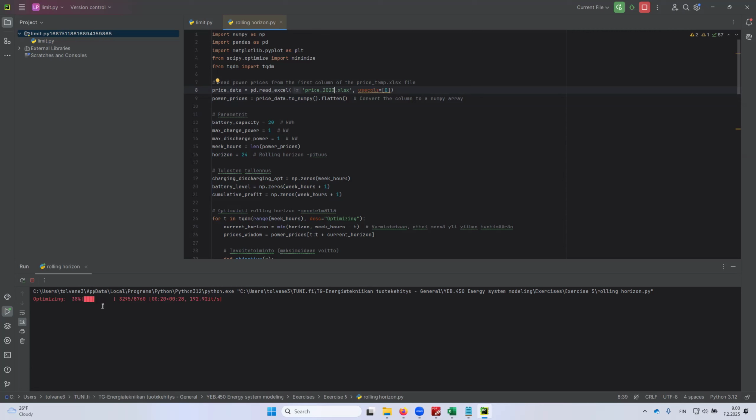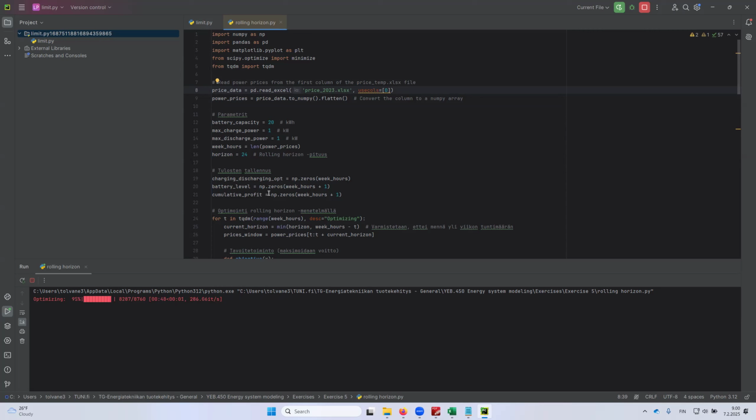Each time step, it's going to see 24 hours into the future, what the prices are, and that is a possible task for this optimization algorithm that I'm using. But if you were to optimize the entire year, that wouldn't be possible.